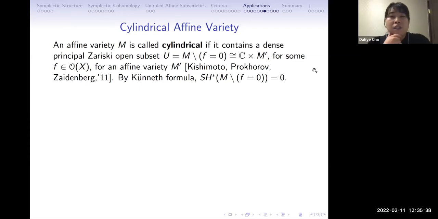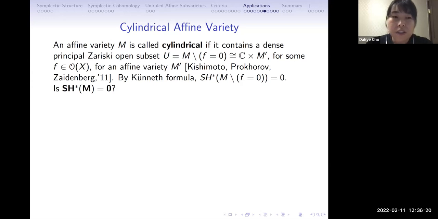Another example I thought of is a cylindrical affine variety. That is an affine variety that has a dense Zariski open subset isomorphic to C times another affine variety, and by Künneth's formula, the dense open part has vanishing symplectic cohomology.